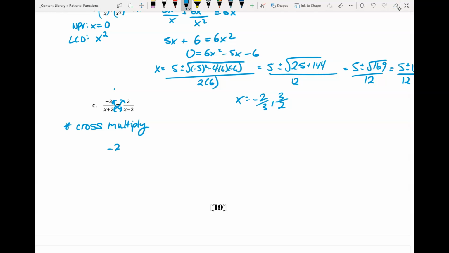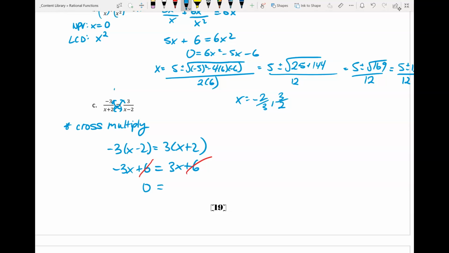So now we're going to have negative 3 times x minus 2 is equal to 3 times x plus 2. I'm going to distribute this negative 3, so that's negative 3x plus 6, and then 3x plus 6 here. Looks like our 6 is going to cancel out, because if I move it to the other side, that's 6 minus 6, and then we'll be left with 0 on one side.